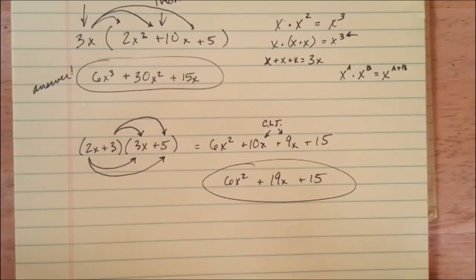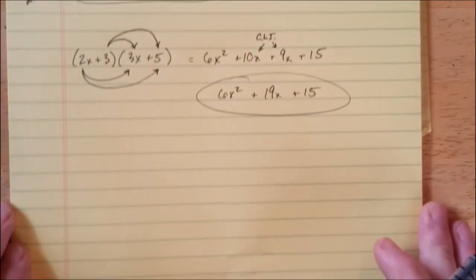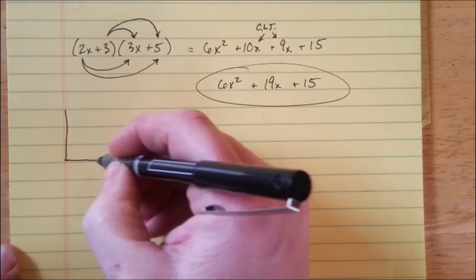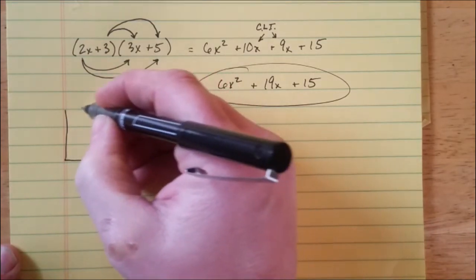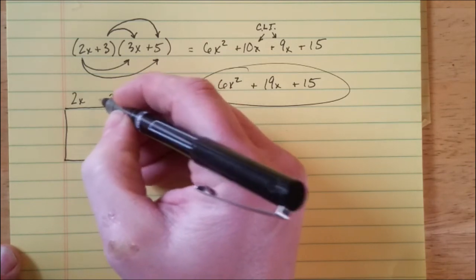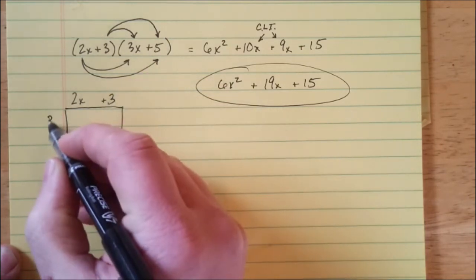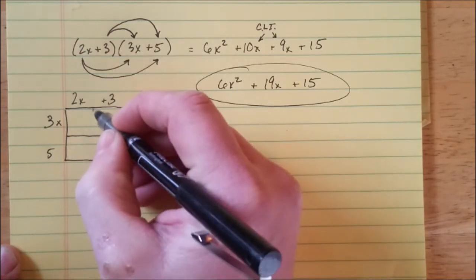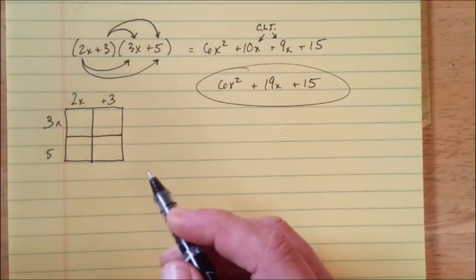Let me show you one other way. Actually, two other ways that you could do this problem. You may have been learning something about the lattice method for multiplication at one time. So we can do that with this too, because we are multiplying.